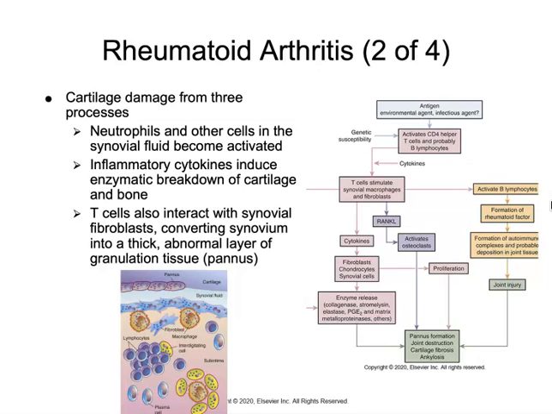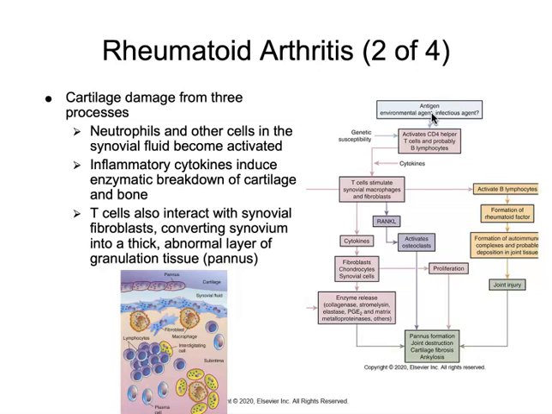Okay, so just to recap, rheumatoid arthritis is a chronic autoimmune disease that is targeting our synovial joints. And we believe that it is triggered in a genetically susceptible host by some type of unknown antigenic agent, initiating this chronic autoimmune reaction.